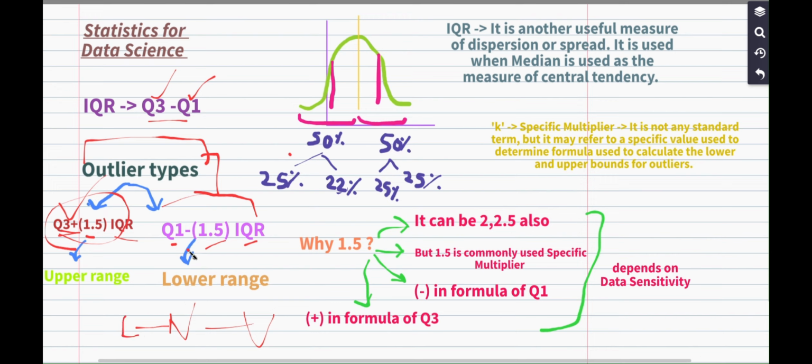But when the range is less than the normal range, that is the lower range. When we calculate the lower range, we subtract 1.5 into IQR from the 25th percentile.